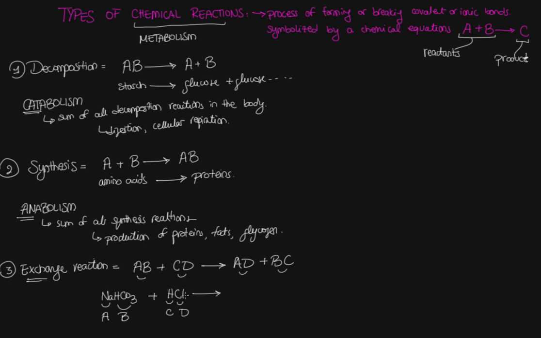And now we're going to have some exchange reactions going on to give you sodium chloride plus H2CO3. And so here we have sodium A joined now with chlorine D and combined with C and B, so BC. So this is an example of an exchange reaction.